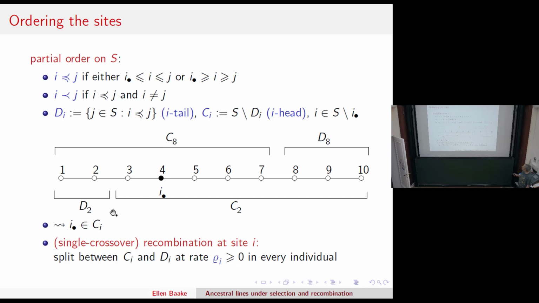So 7 is less than 8, and 3 is less than 2, and 3 and 7 are incomparable because they are on different sides of this selected site here. And then I collect into a set D_i all sites that are greater or equal than i, and we call that the i tail.